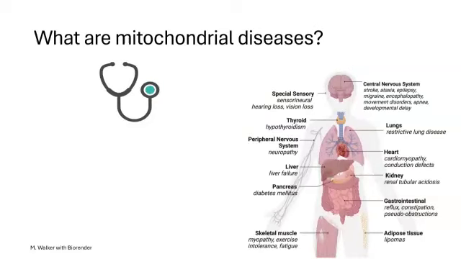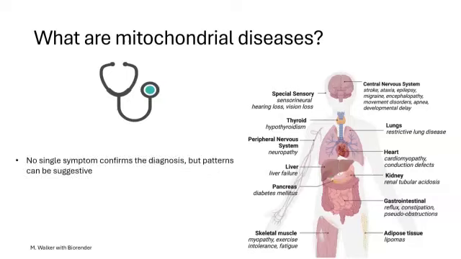So let's start with the clinical. As you all probably are aware, because almost every cell in our bodies has mitochondria, if you have a problem with your mitochondria, you can have a problem in almost any organ system in your body. I've summarized some of these here for you on this cartoon, but I'd like to talk about them in the context of syndromes, because no single system manifestation or symptom is diagnostic of mitochondrial disorder.